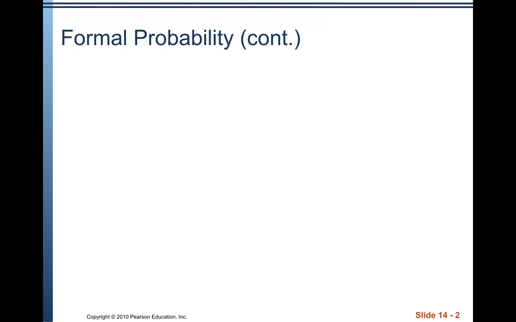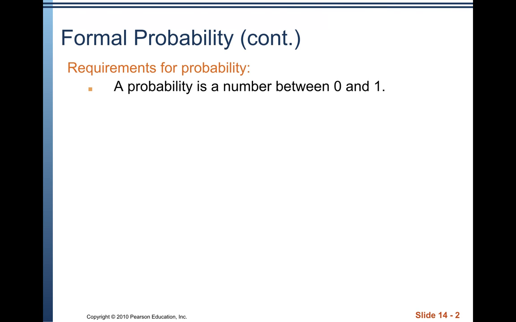So just to review our formal probability rules, a probability has to be a number between 0 and 1. You can't have a negative probability for obvious reasons, and you can't have a probability that's greater than 1, because that would imply a greater than 100% chance of something happening, which we of course know is theoretically impossible.